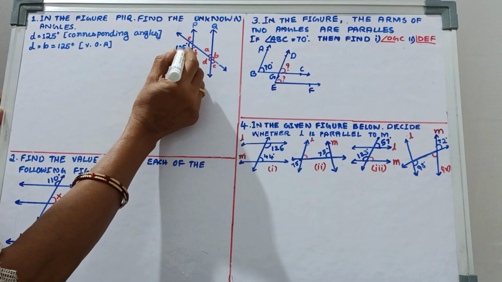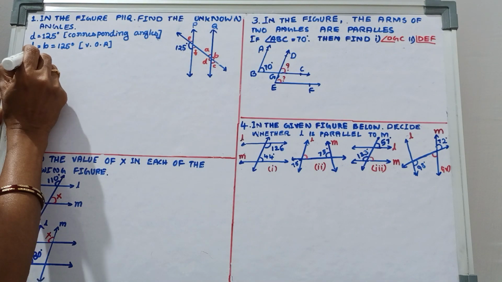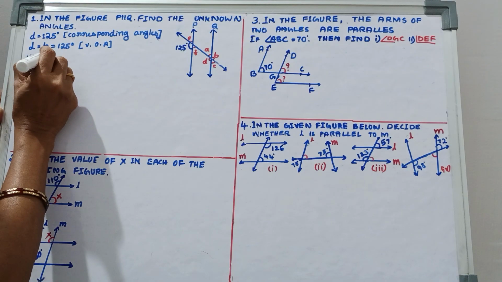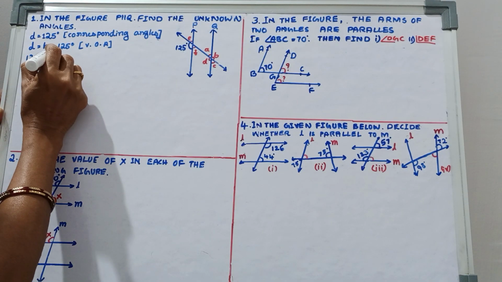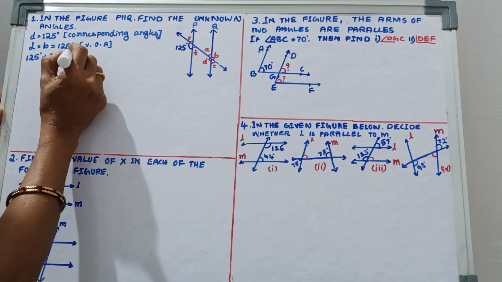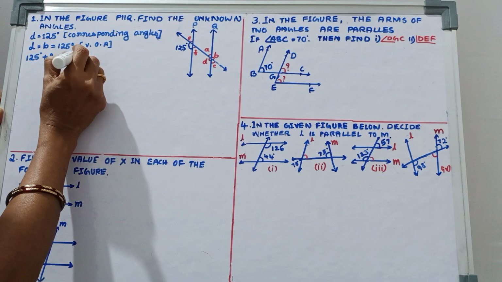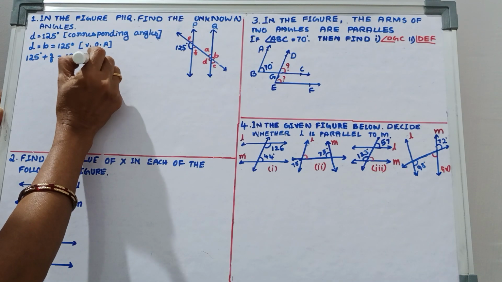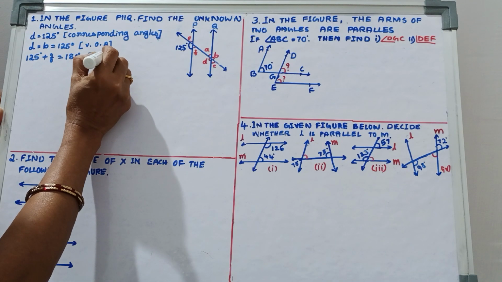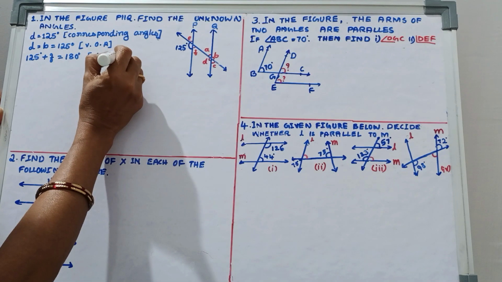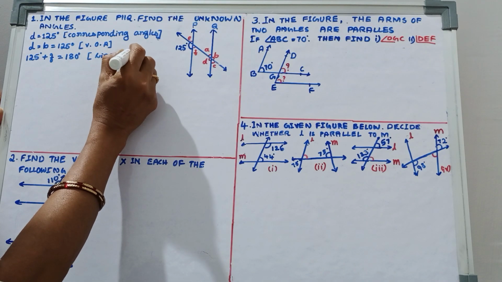Now 125 plus F equals 180 degree. They are linear pair. Recall the definition of linear pair.